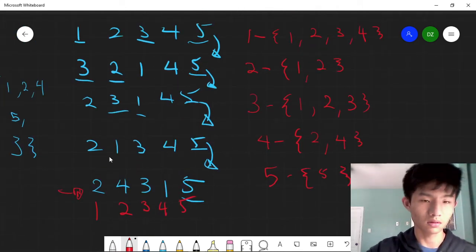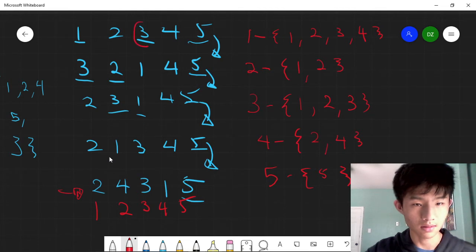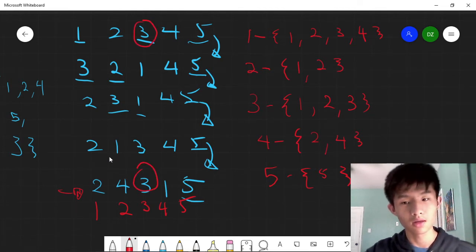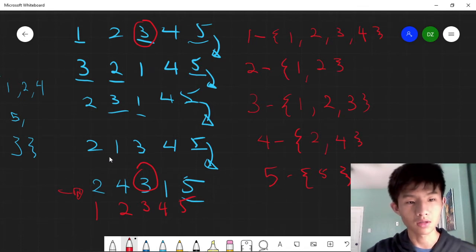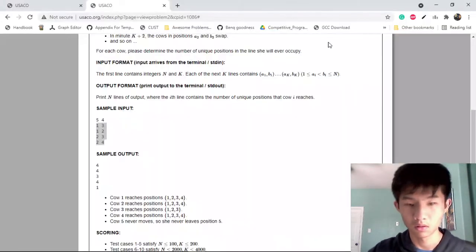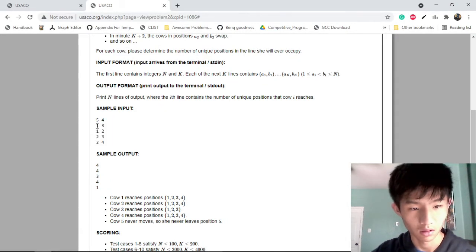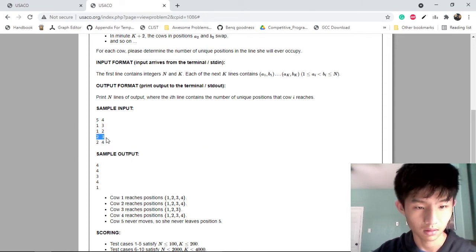So one thing I noticed is that since 3 ends on 3 after k swaps, it will only reach the number of positions that happen in the first k iterations. Because it always ends on 3, and then 3 will go to 1, and then 1 will go to 2, or 3 will go to 2 from here, and then it will go back to 3.